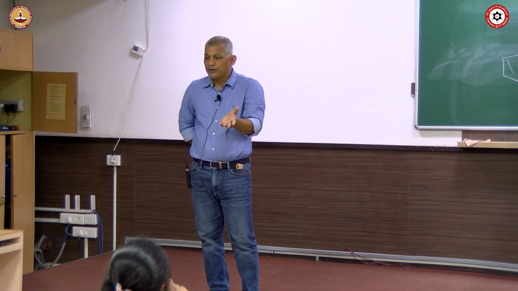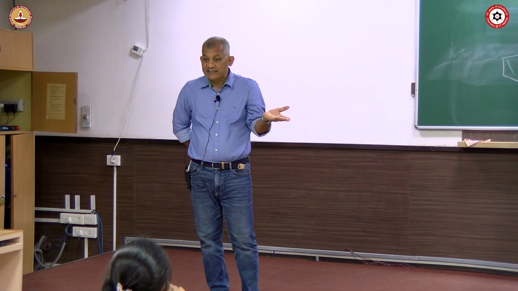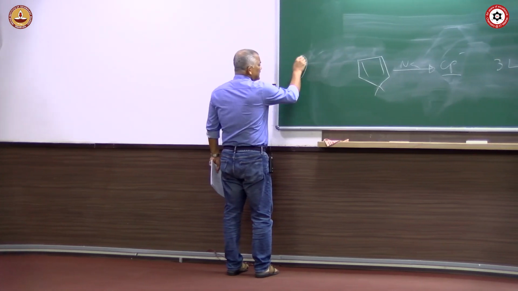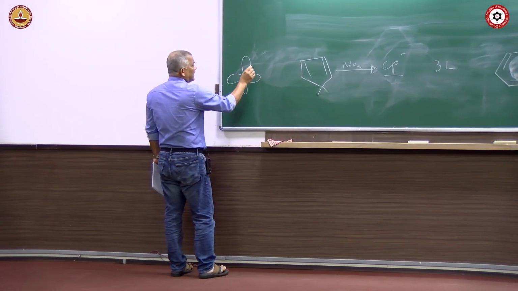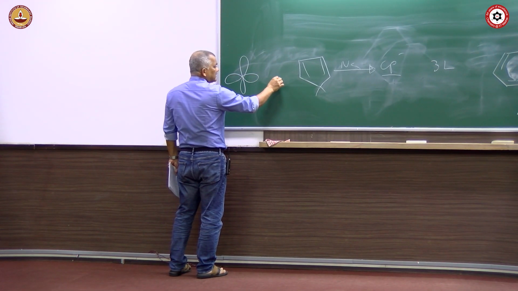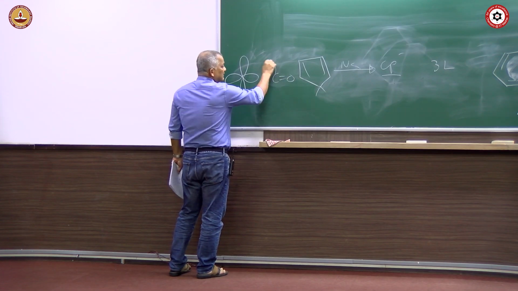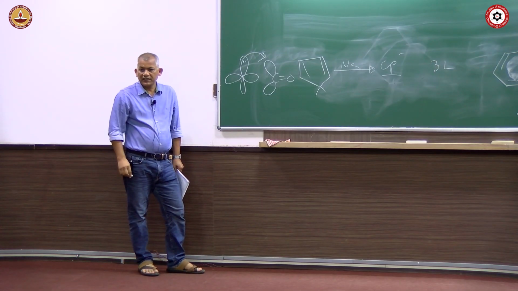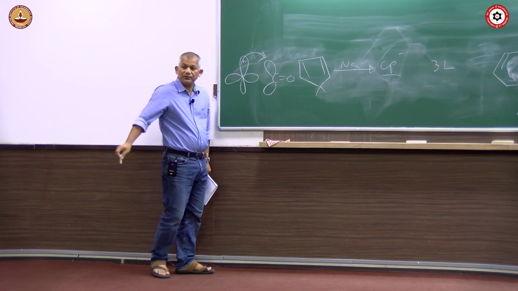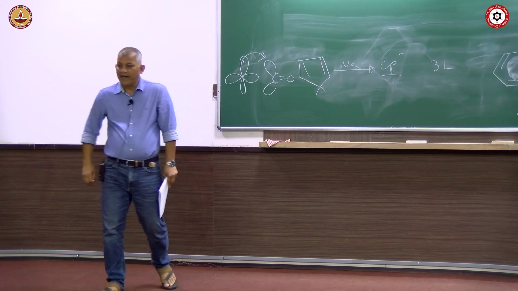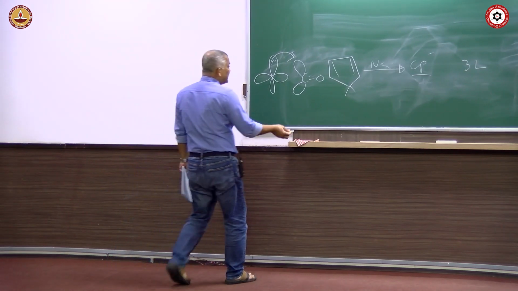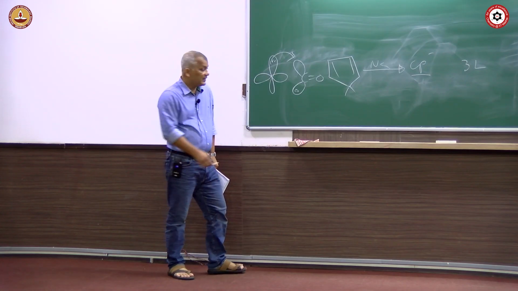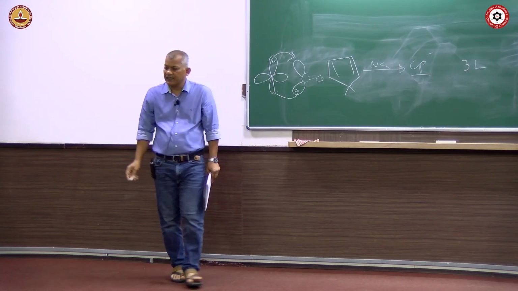In the case of a pi acceptor ligand like CO, the metal electrons go to the pi star orbital of the CO. Okay, so this is a pi acceptor ligand. If it is the other way, pi donor ligands like halides, it goes to the vacant d orbital of the metal, and so on and so forth.